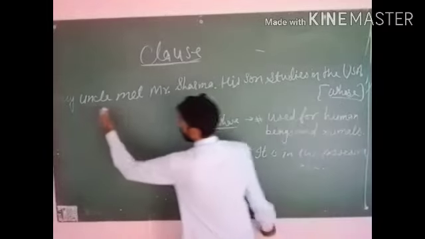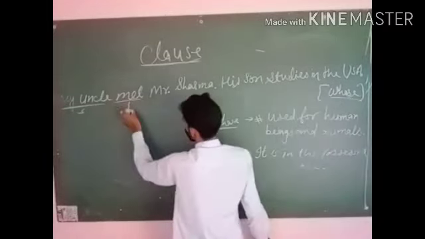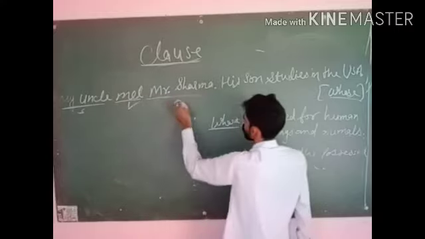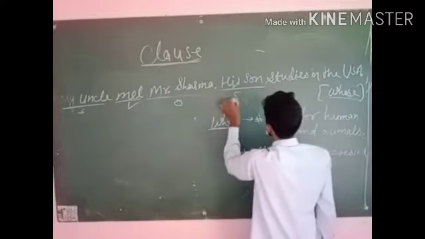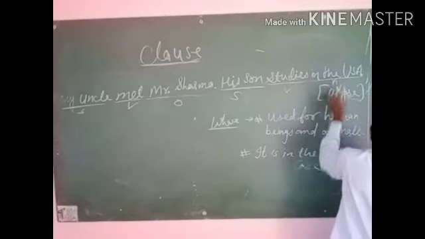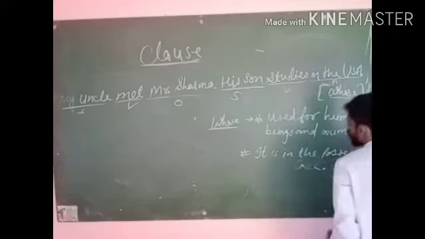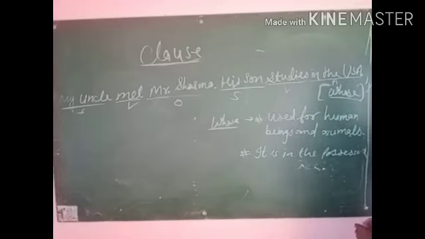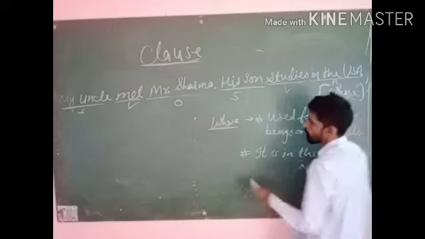My uncle is subject, met is verb, Mr. Sharma is object, his son is subject, studies is verb, and in the USA is adverbial. Whose always replaces possessive pronouns. This must be very clear in your mind.